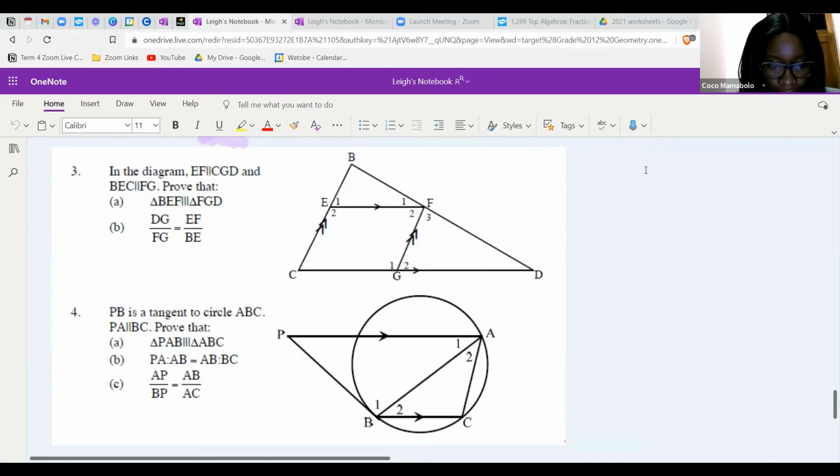Mom, could we possibly say that F2 is equal to G2 because of alternating angles? Yes, absolutely. But the problem is that F2 is not in either of those two triangles. So what I actually wanted you to see here is that angle F1 equals angle D. Can you see that?